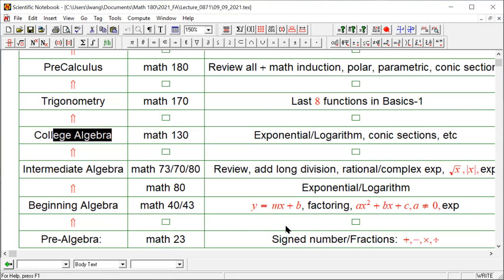When you're taking intermediate algebra, because you have taken the prerequisite course, otherwise you cannot register, we can assume you know how to factor and solve quadratic equations, at least the simple ones. Now we cannot assume that anymore.